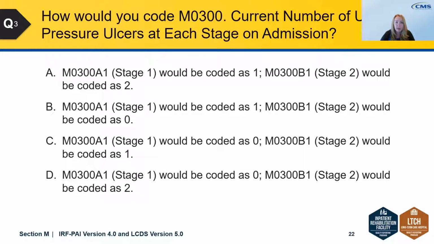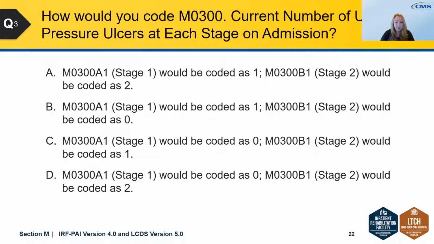C, M0300A1 stage 1 would be coded as 0, and M0300B1 stage 2 would be coded as 1, or D, M0300A1 stage 1 would be coded as 0, and M0300B1 stage 2 would be coded as 2.